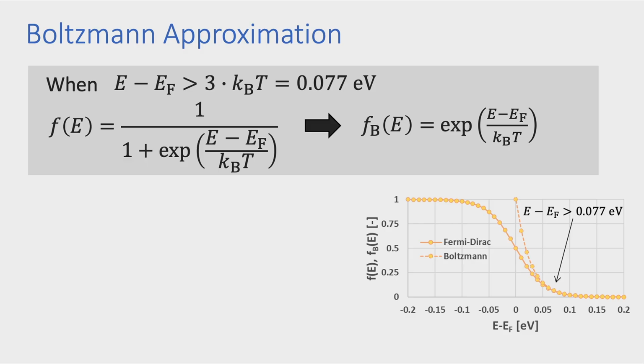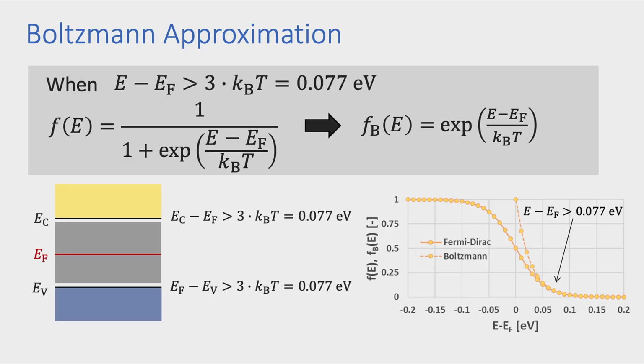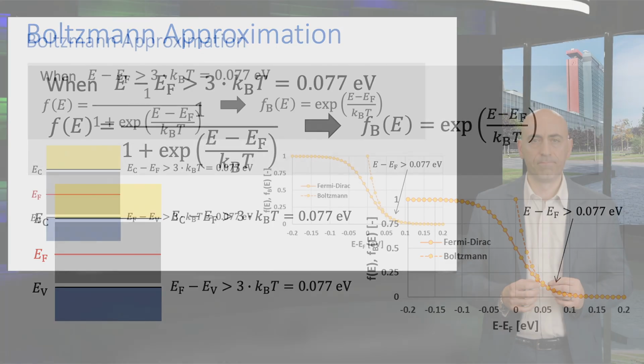Depending on the position of the Fermi level within the band gap, we can therefore simplify the Fermi-Dirac distribution function if the Fermi level is within 3 times kBT from both the conduction band edge and the valence band edge. This corresponds to the dark gray area in the band diagram. This is known as the Boltzmann approximation and applies to non-degenerate semiconductors for which the Fermi level is not too close to one of the band edges.